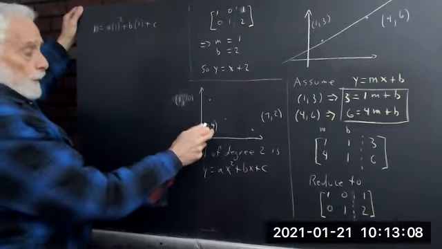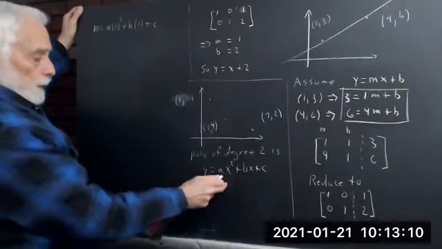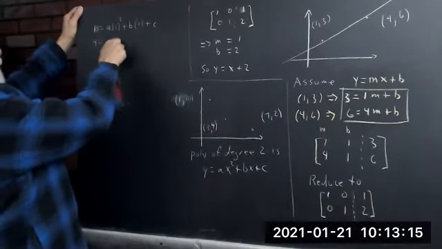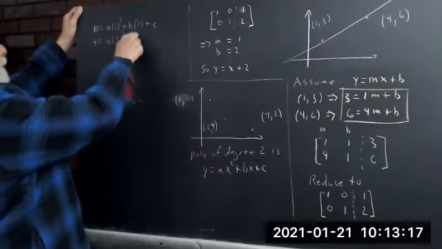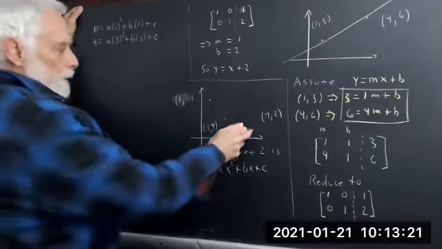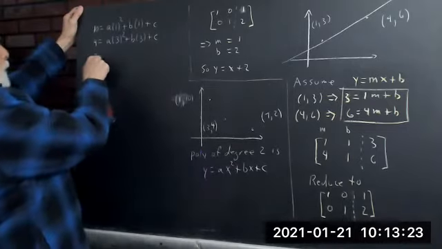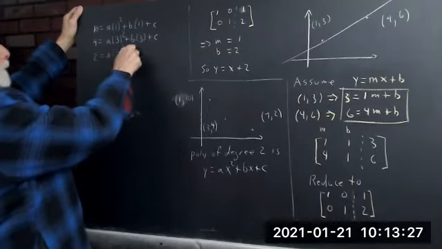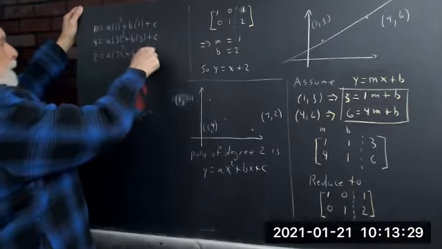The second point, y is 4, x is 3, plug it in here. We get 4 equals a times 3 squared plus b times 3 plus c. And at this point, y is 2, x is 7. We get a times 7 squared plus b times 7 plus c.